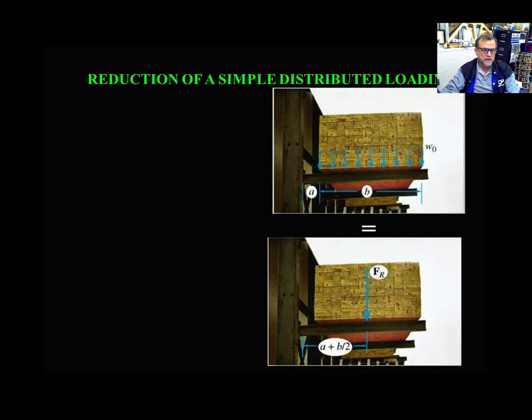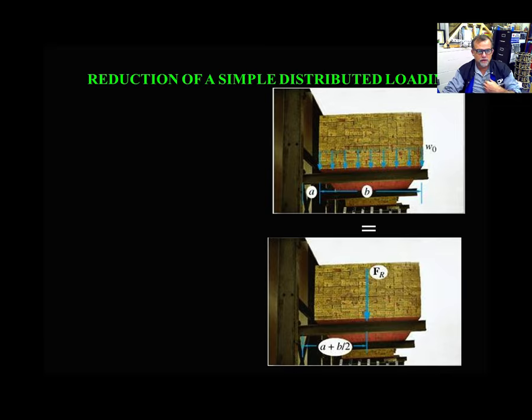If you have this bunch of wood here, lumber, I know the total weight of this is going to be acting somewhere at the center of that part, but in reality it's distributed, because it's not that only the center weighs, it weighs here and here and here, everywhere.